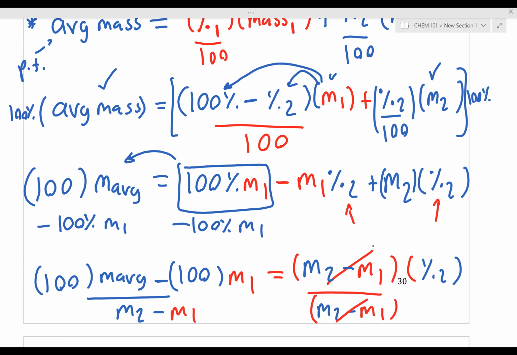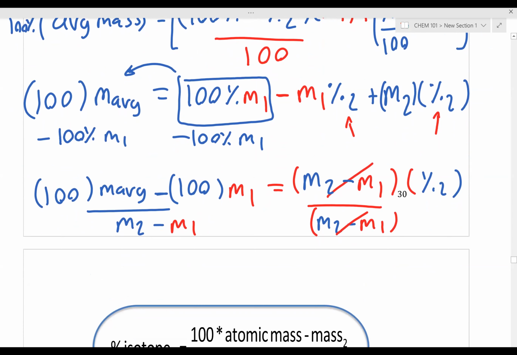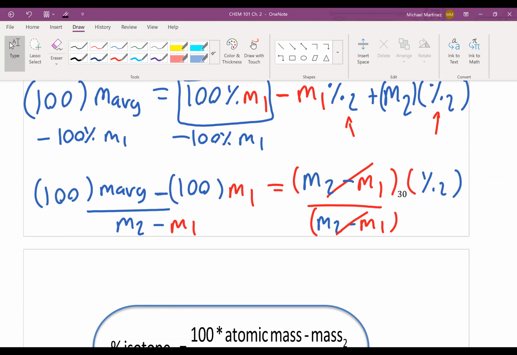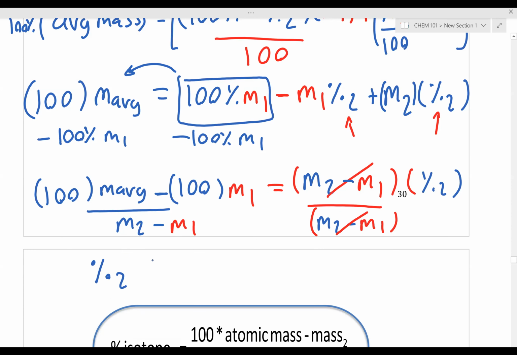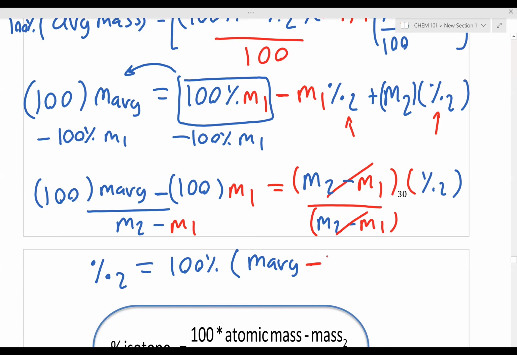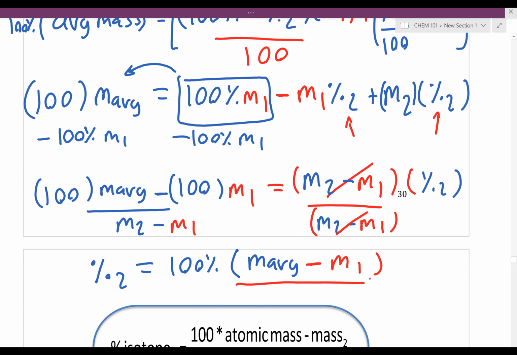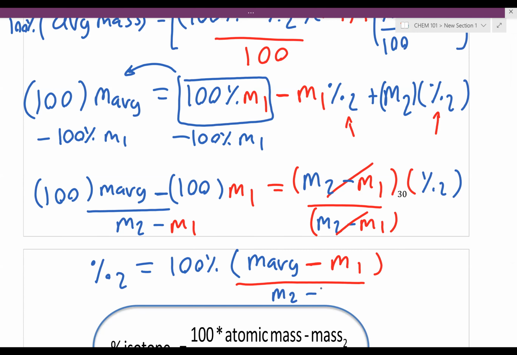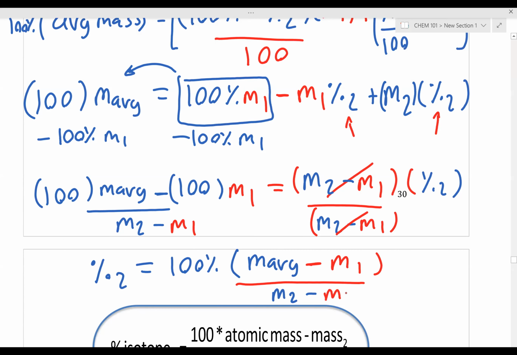So to write out our final version of this equation in terms of %2, the percentage of isotope 2 is equal to 100% times, parentheses, the average atomic mass minus the mass of isotope 1 divided by the mass of isotope 2 minus the mass of isotope 1.